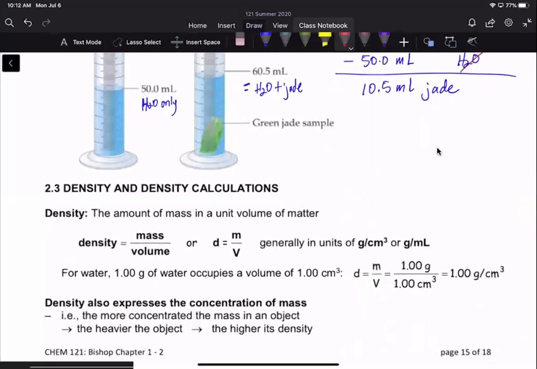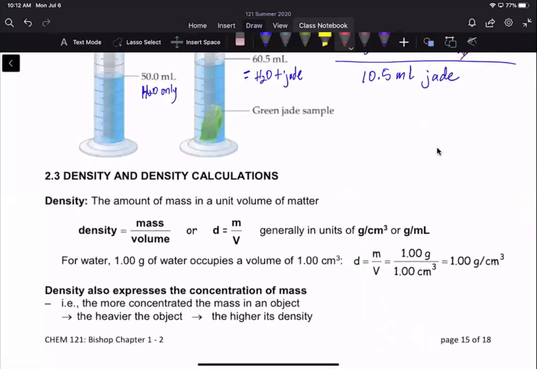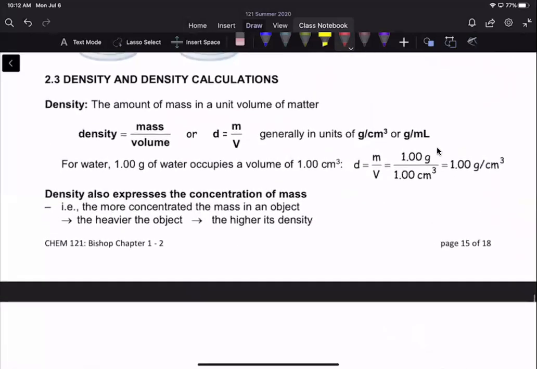Now, a lot of times we will use the volume to determine the density. The density is like the concentration of mass. It's the mass over the volume. And that is usually reported in units of grams per centimeter cubed for solids, or grams per milliliter for liquids.